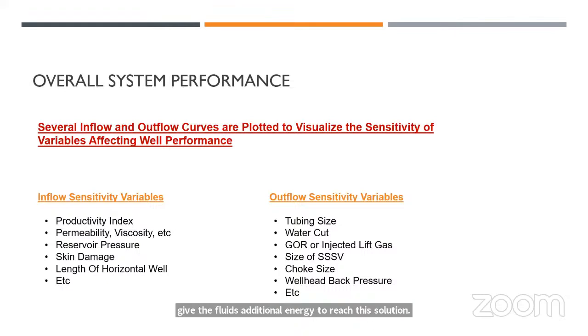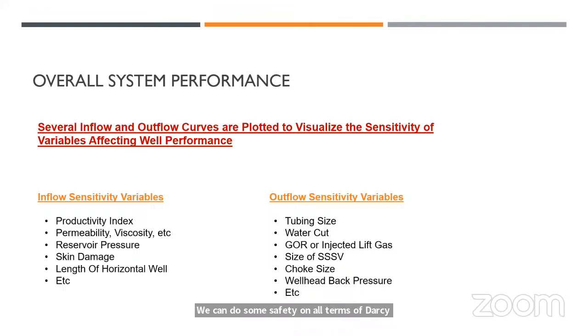So this is the sensitivity available inside Prosper: sensitivity for the inflow, sensitivity for the outflow. We can do sensitivity on productivity index, because as we said before, this figure is not well known at all times, and we usually take it from offset data. We can do sensitivity on all terms of the Darcy equation.